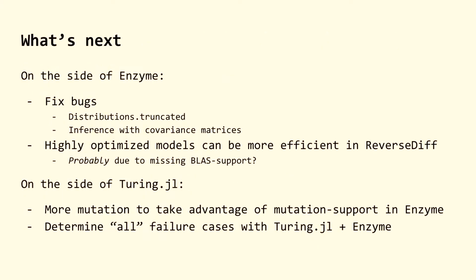So what's next? I think on the Enzyme side, we can collect a few more edge cases. Probably we can work together to share detailed traces and see how we can fix them.